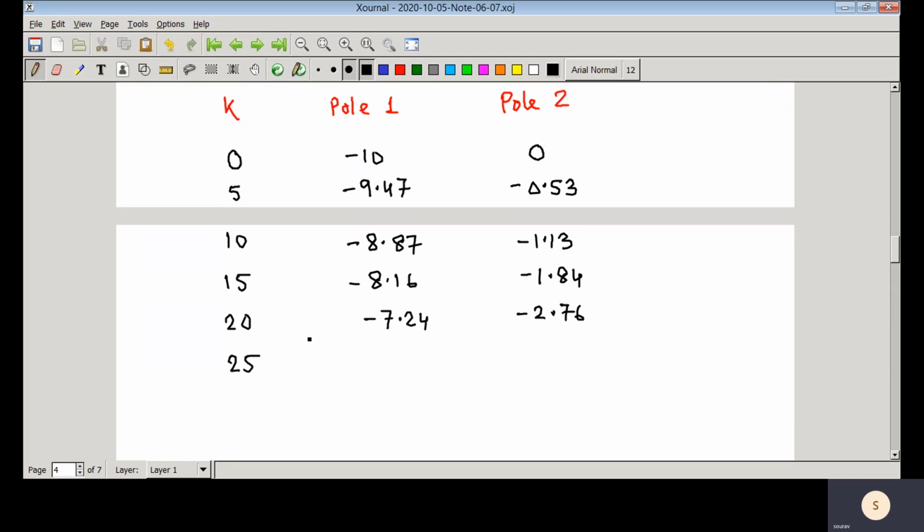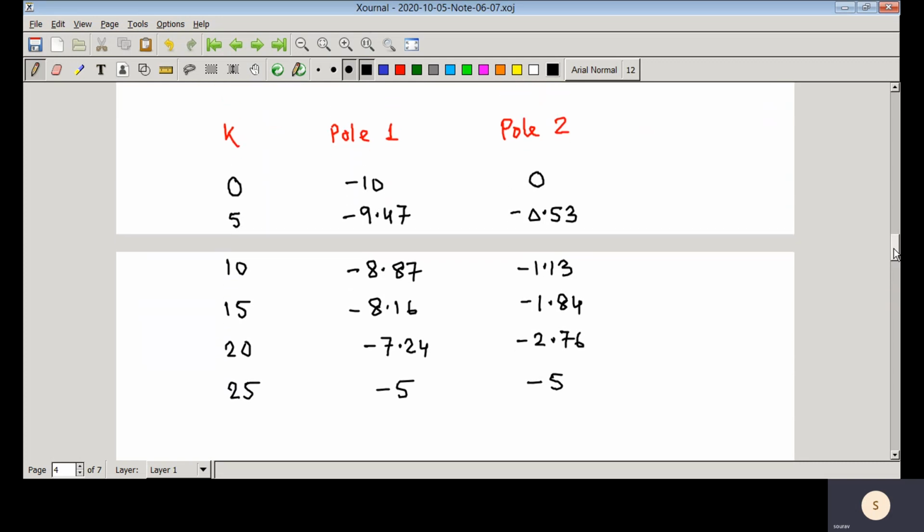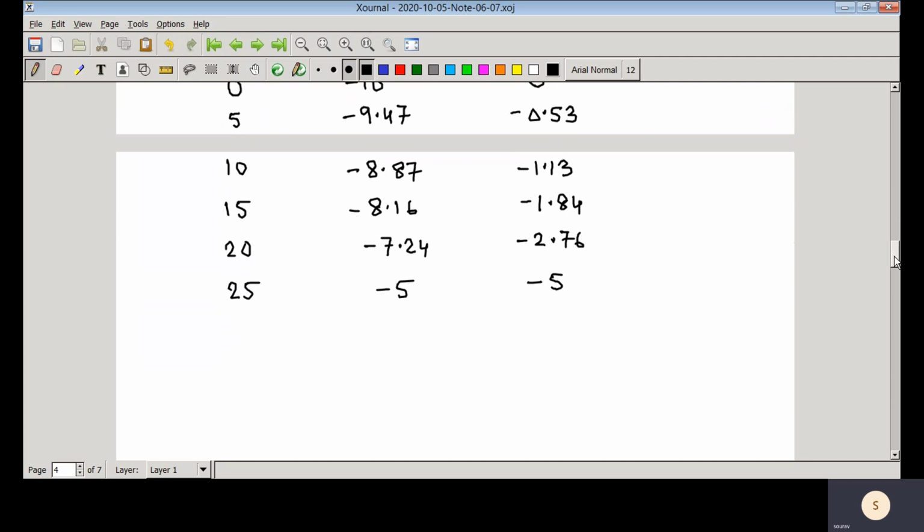When k equal to 25, we get minus 5 and minus 5. This is actually very interesting, because at a particular value of k, both the poles, pole 1 and pole 2, are on the same location. Now if we keep on increasing that, we can see that the poles of the closed loop system now become complex conjugate.